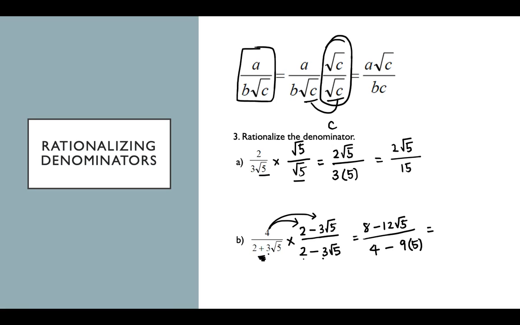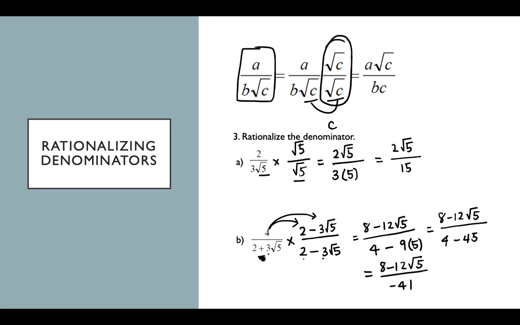Therefore, 8 minus 12 square root 5 over 4 minus 45. Then you can simplify further: 8 minus 12 square root 5 over negative 41.